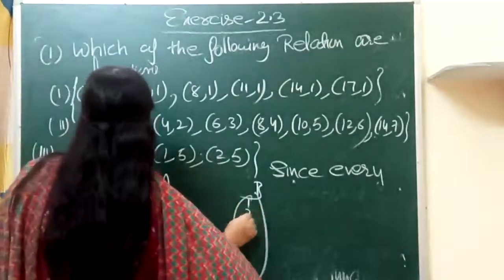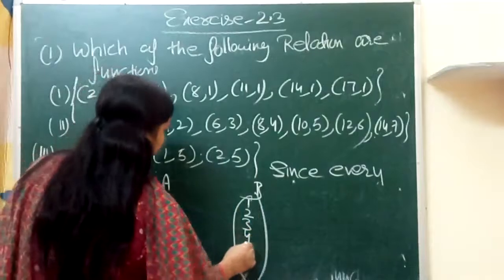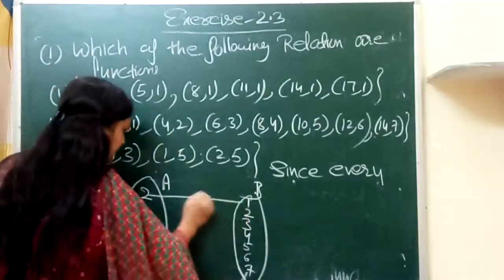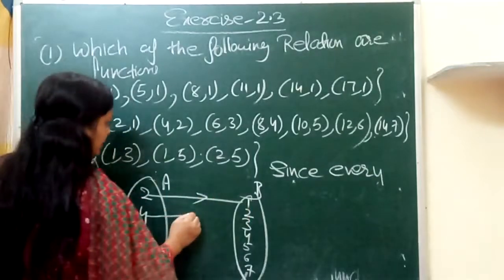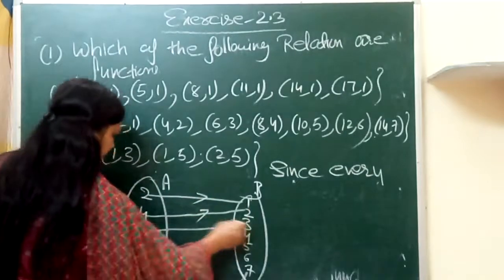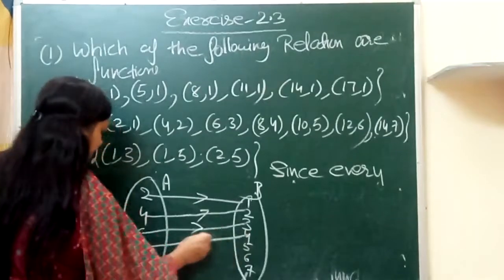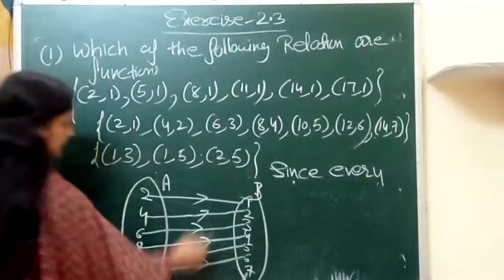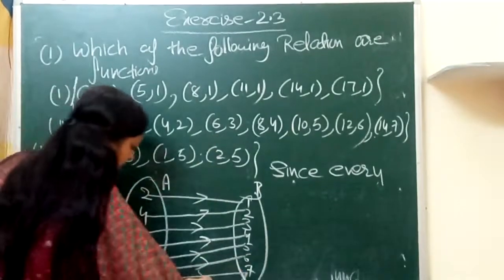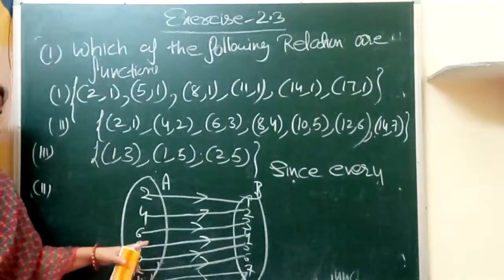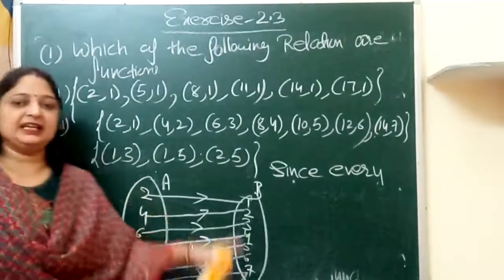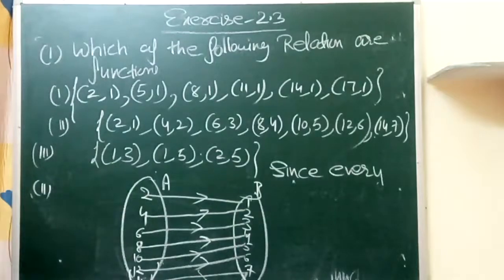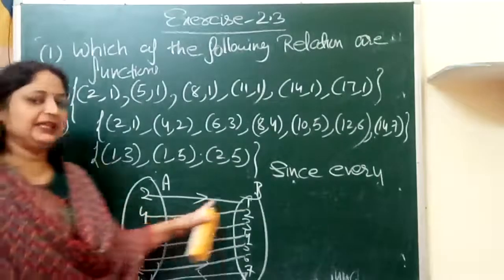So the image of 2 is 1, image of 4 is 2, image of 6 is 3, image of 8 is 4, image of 10 is 5, image of 12 is 6 and image of 14 is 7. So you can see all the elements of set A have a unique image in set B. Therefore, this relation is a function.